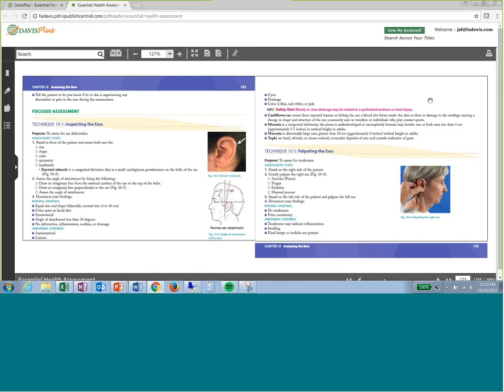Again, you'll see how the page is laid out. The steps of the procedure are on the left, and the illustrations for technique or orientation are on the right. You'll see also incorporated into the presentation of the technique safe and effective nursing care sections, the SENC, Safety Alert.